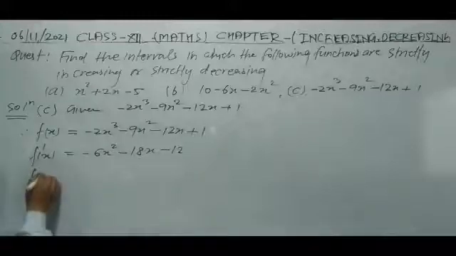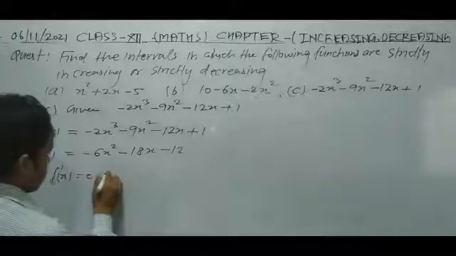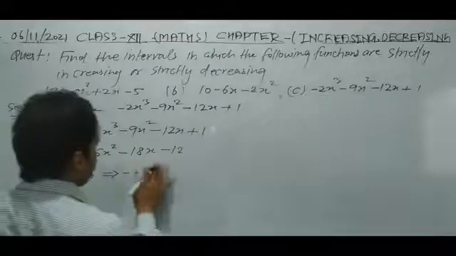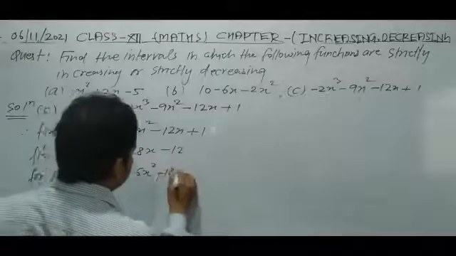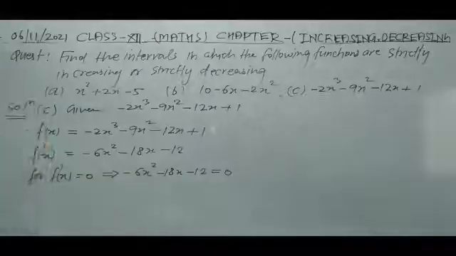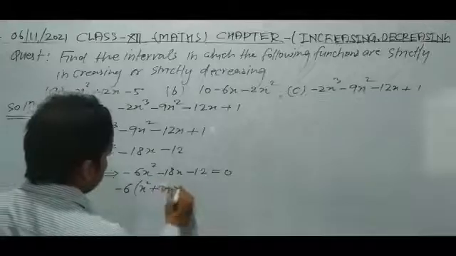So for f dash x equal to 0, this implies minus 6x square minus 18x minus 12 is equal to 0. Minus 6 is common, so when you take minus 6 common, you get x square plus 3x plus 2.